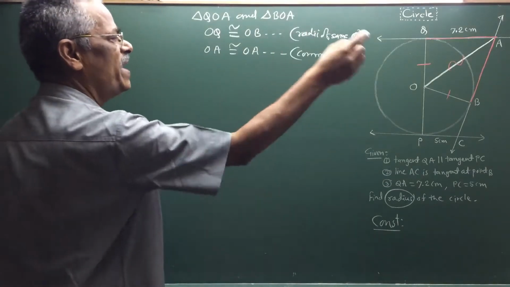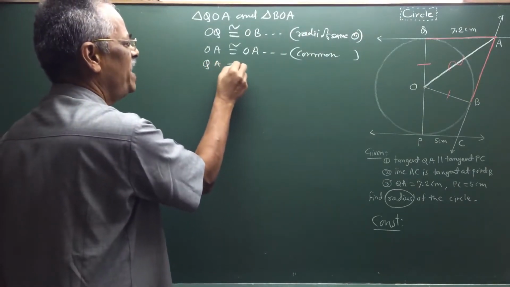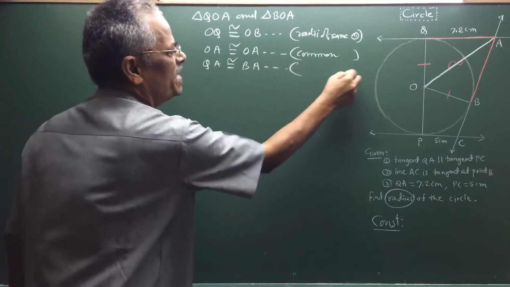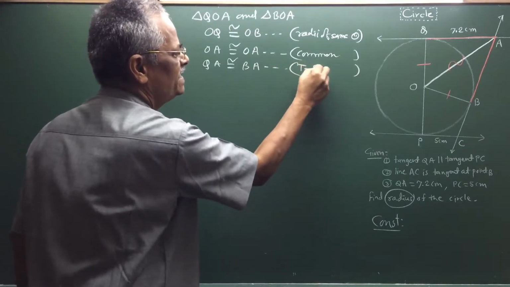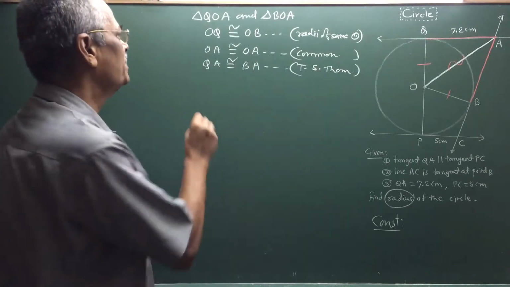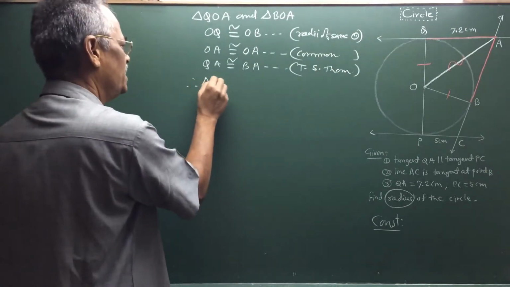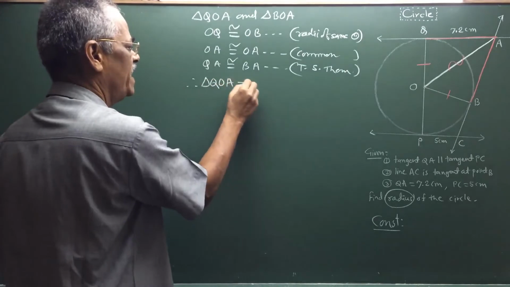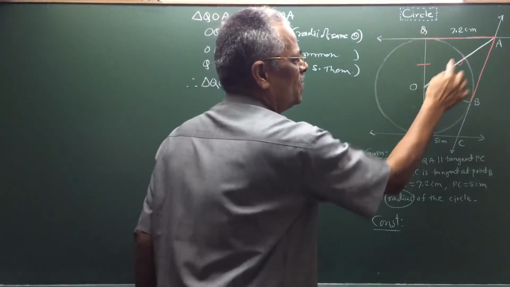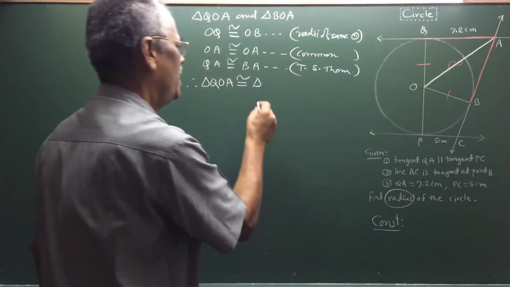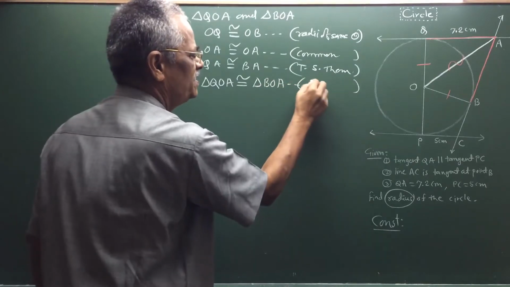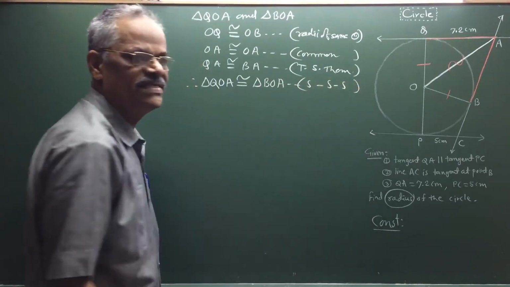And what about segment QA and BA? They are again congruent by the tangent segment theorem. So definitely triangle QOA and triangle BOA are congruent, and you can use the SSS test.